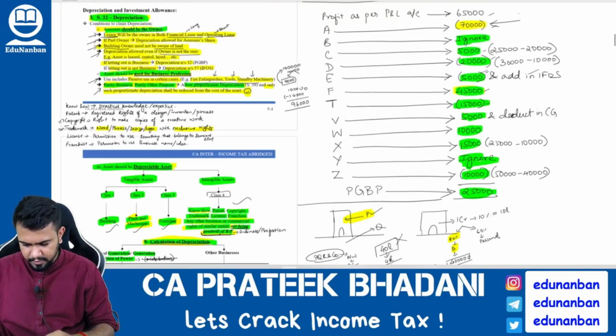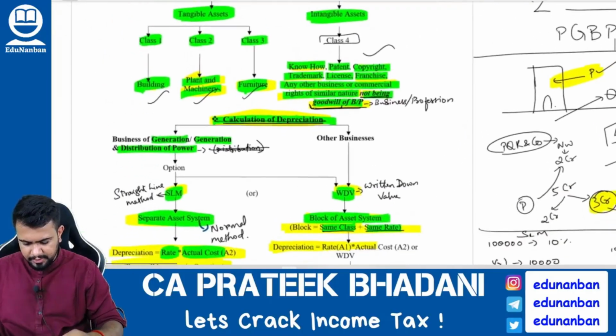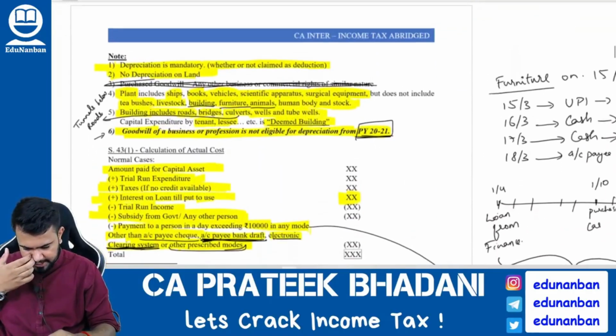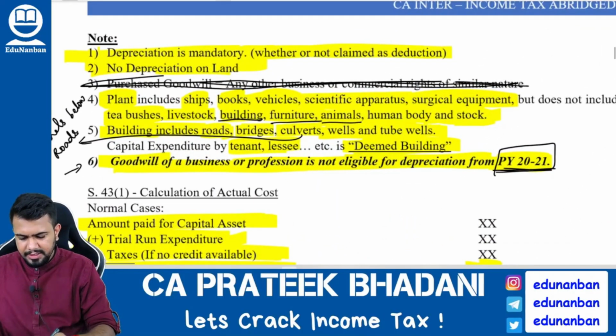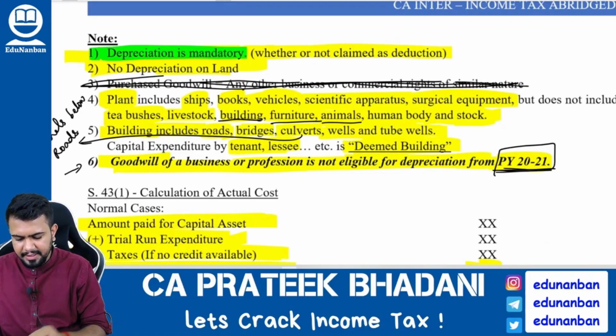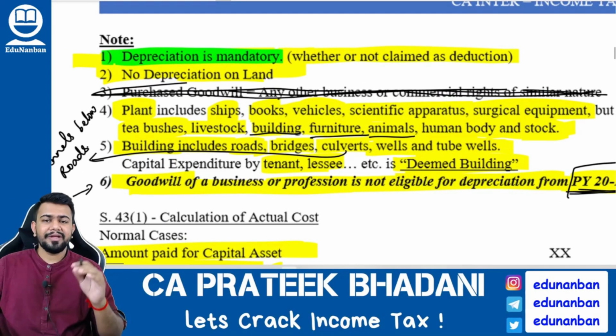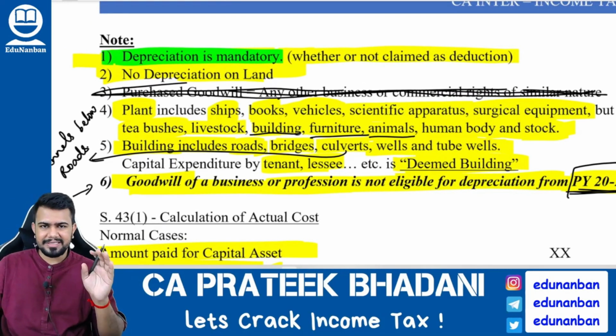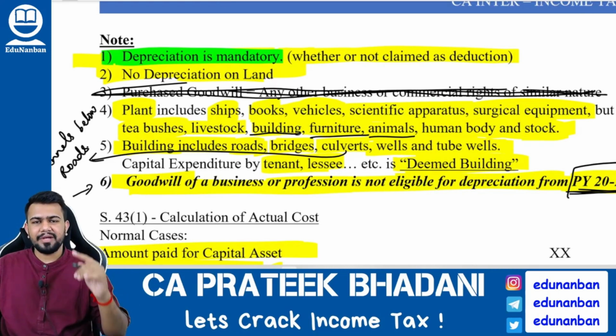Okay, one second. Now see, listen. Depreciation is mandatory. So whether or not you claim depreciation as deduction, you definitely have to reduce the value of depreciation from the WDV of the fixed asset year after year.